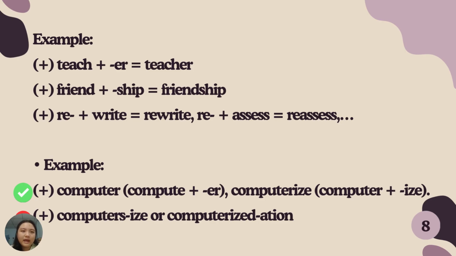You might call it a computer, which consists of compute and the suffix -r. Then if people start using that machine to perform a task, you could say that they're going to computerize, which consists of computer and the suffix -ize, that task, right?